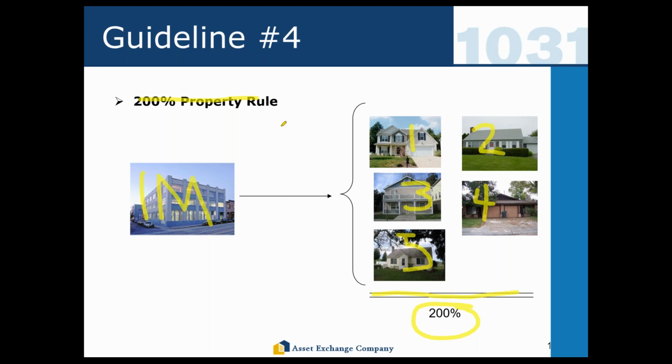Well, you can do that, but the combined value of those 5 properties can't exceed $2 million because that is 200% of the value of the property that you sold. So with this particular rule, you aren't restricted by number, but you are restricted by value.